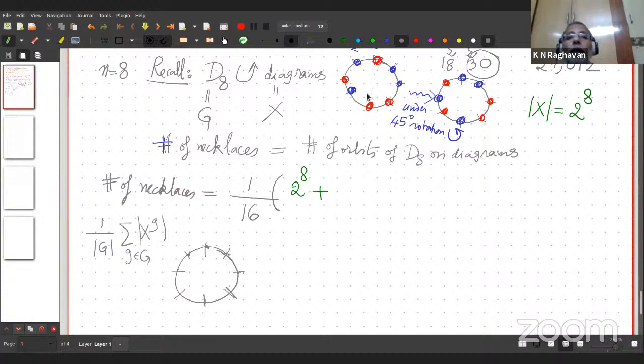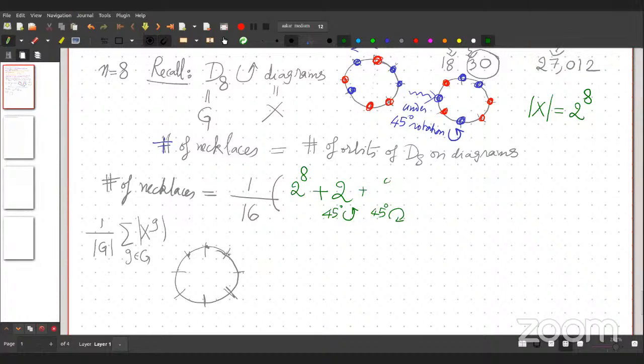So will you all agree that I write 2 here for that? So that is for the 45-degree rotation clockwise. Let us take 45-degree anti-clockwise. Then what is your answer? Instead of turning this way, I'm turning this way. 2. Very good. It's the same logic.